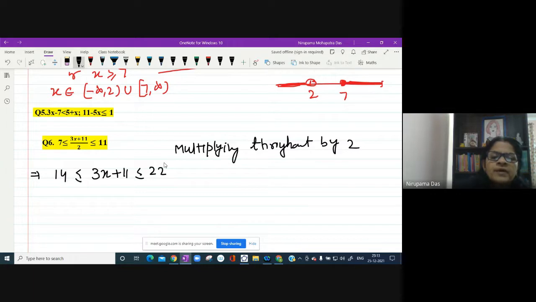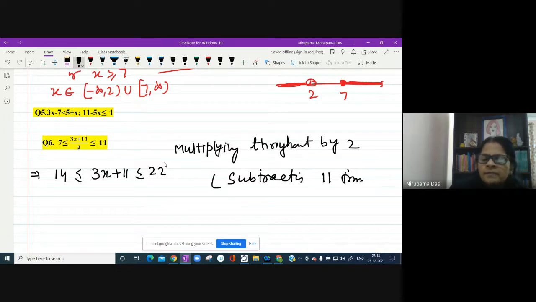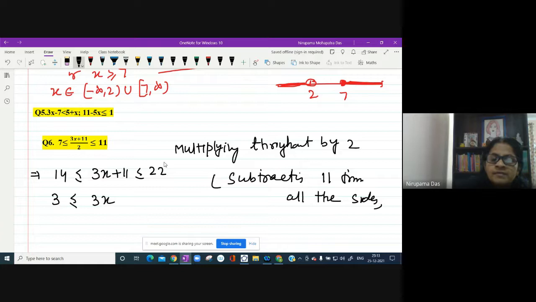We want x here. What is the range of x that we need? So we have to eliminate 11, so subtract 11 from all the sides. 14-11 is 3, less than or equal to 3x+11-11, which is 3x, then here it is 11.